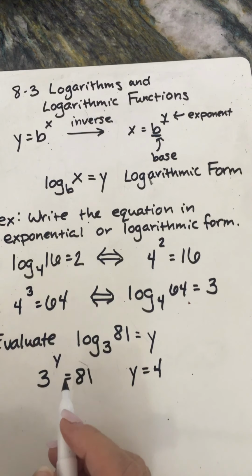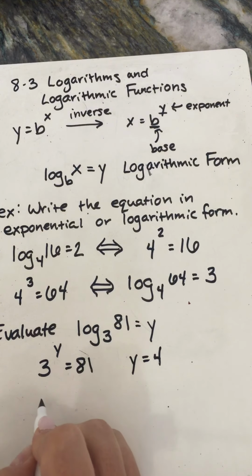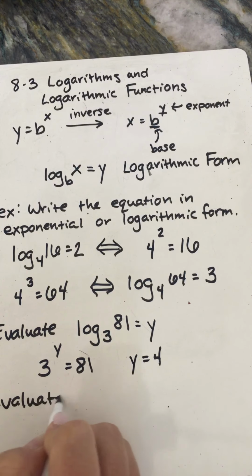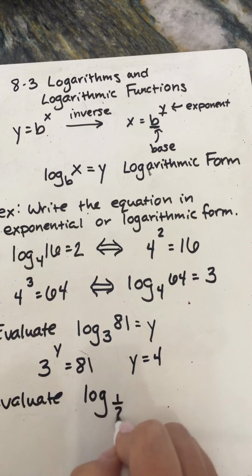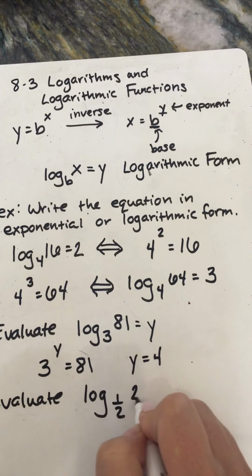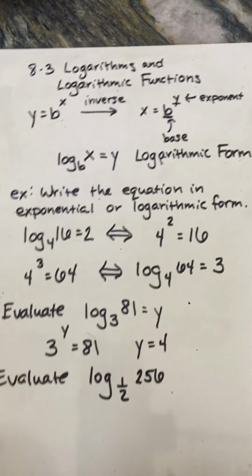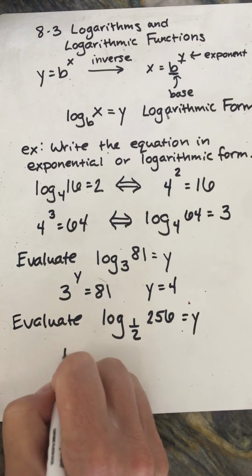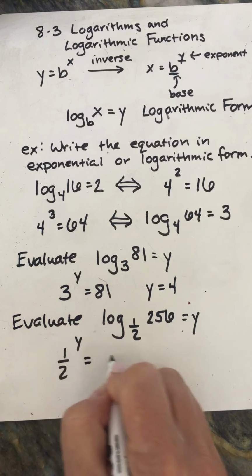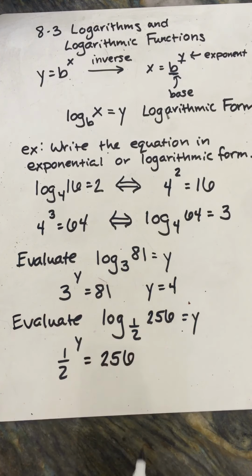What if you have a fraction as your base? So what if you have, we're going to evaluate log base 1/2 of 256. We have to evaluate that. So I'm going to do equals y, so 1/2 to the y power equals 256. All right, a little bit of a head scratcher, because I don't know, really, it's 1/2 squared is a 4th, right?